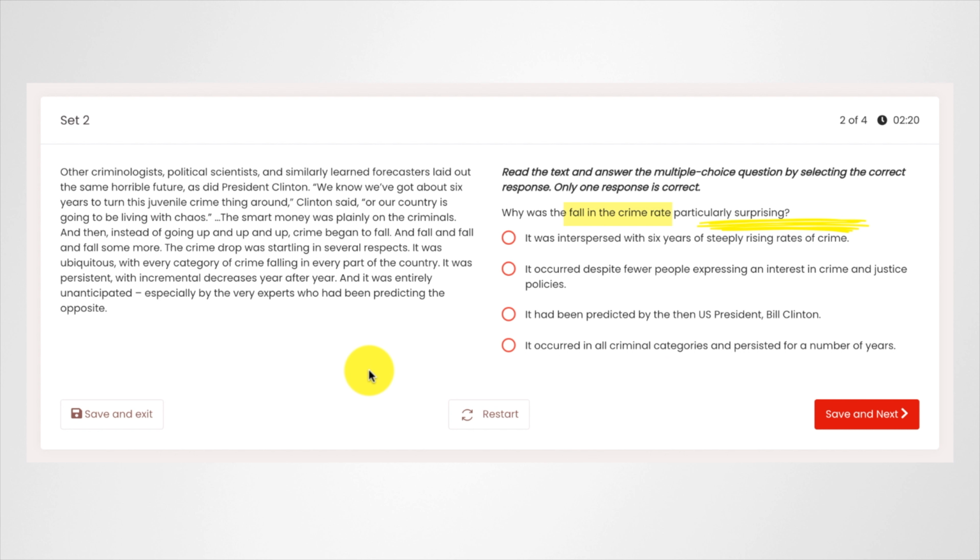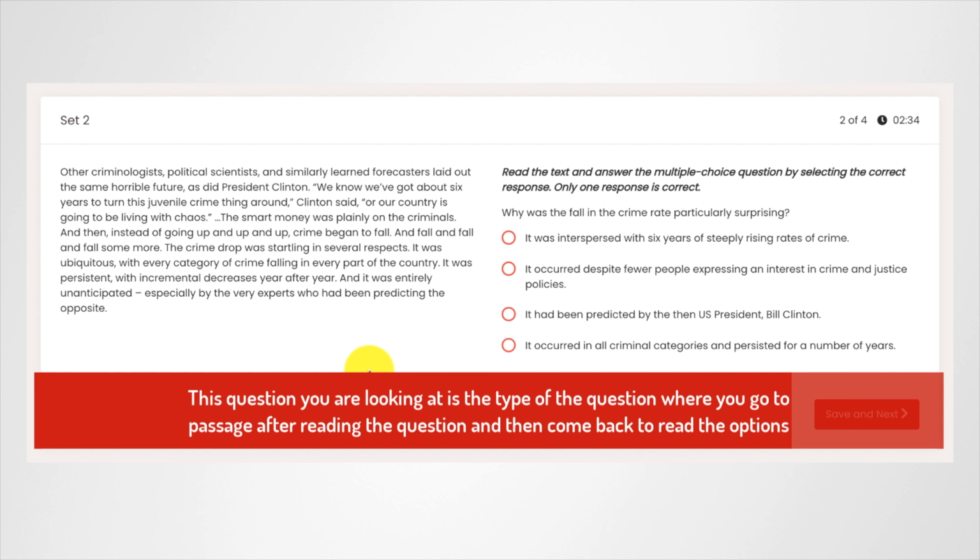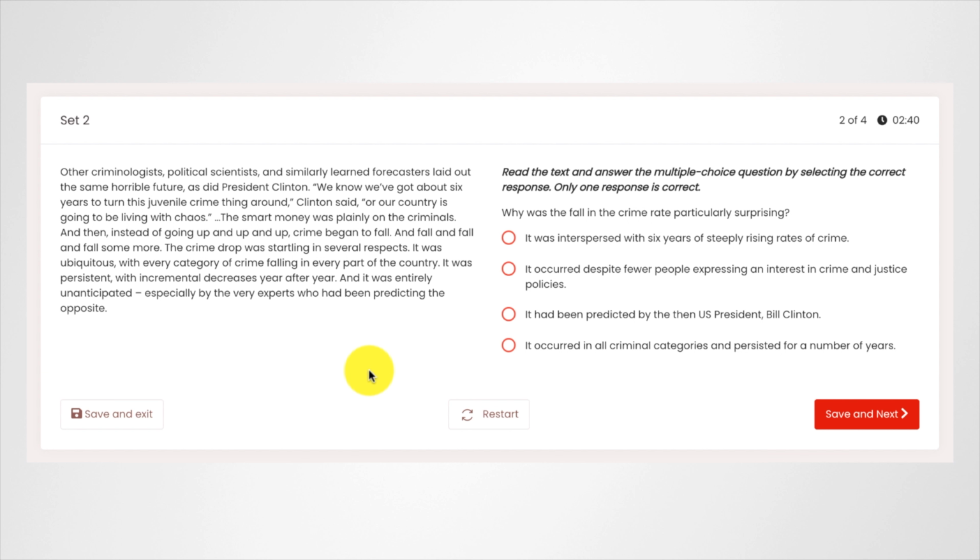What I mean by that is we have two different types of multiple choice questions in the exam. In one type, after reading the question, you will know what you are looking for in the passage. And this is the example of that kind of question. In the second type, when you read the question, you will find out that the question is actually asking you the theme of the passage.